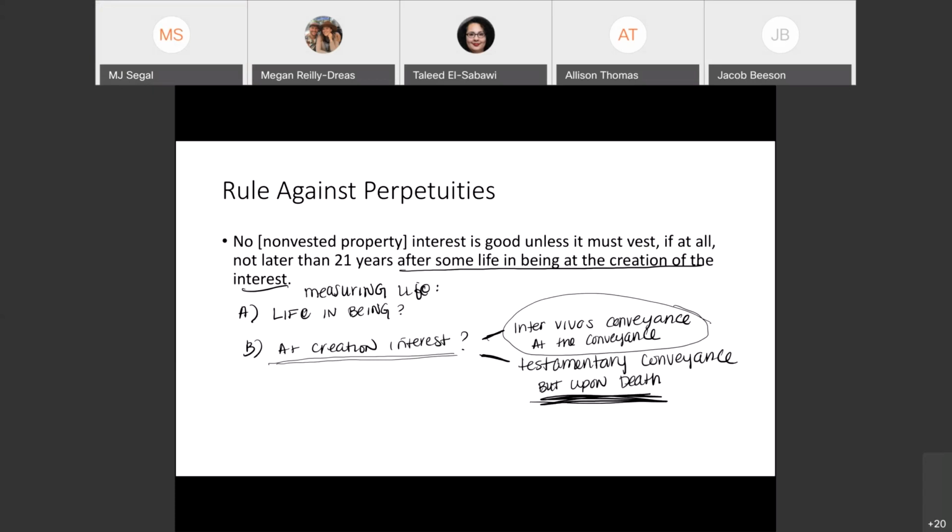And so when you're applying RAP, you look at the date of death of the transferor to see what lives are in being. Whereas for an inter vivos conveyance, you're just looking at the date that the deed is handed over or the conveyance is written. Okay? Questions on that?